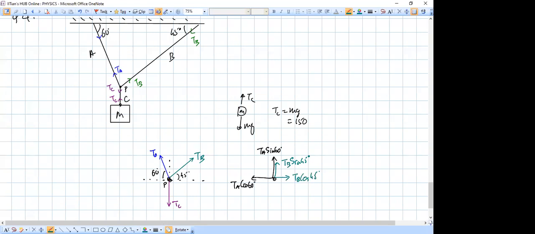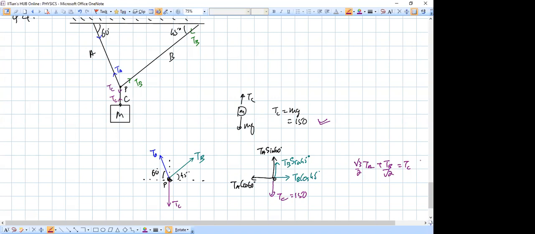And of course there is TC which is acting vertically downwards. From here we can see that TC is equal to 150. So now balance the forces. Root 3 by 2 TA plus TB by root 2 will be equal to TC.